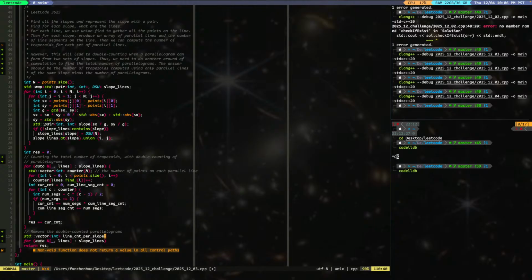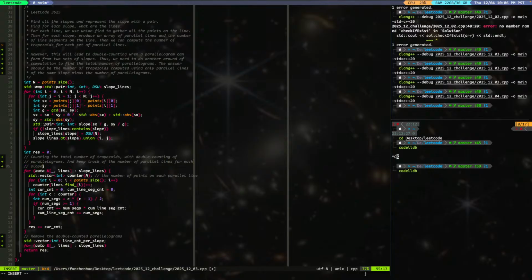So count total number and keep track of the number of parallel lines for each slope. So we'll do this one here.